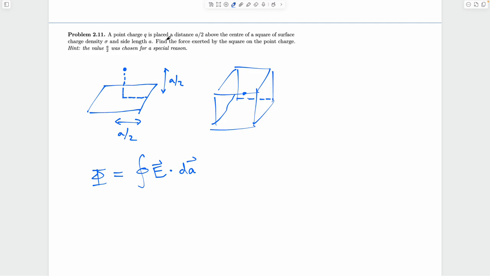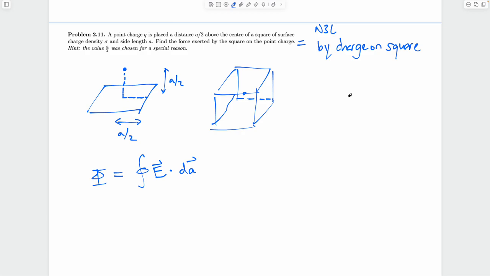In this case, we want to find the force exerted by the square on the charge, but this is also equivalent by Newton's third law to the force exerted on the square by the charge. It might be easier to find out what the electric field is due to the charge since it's just a point charge.